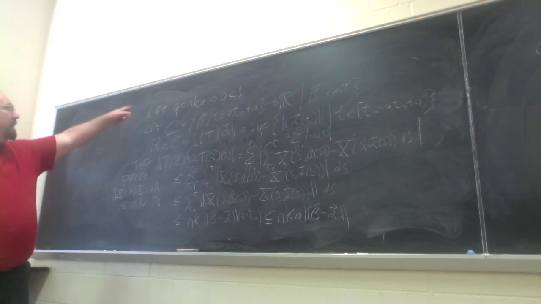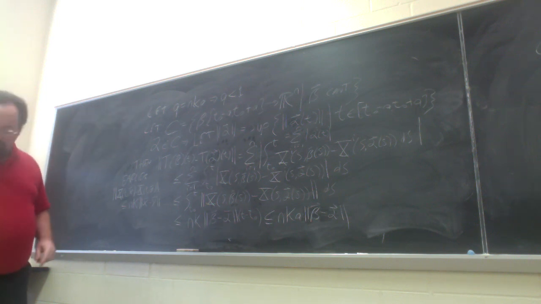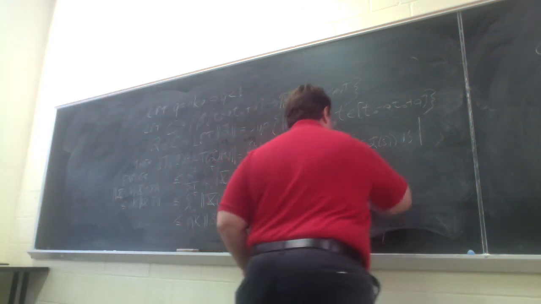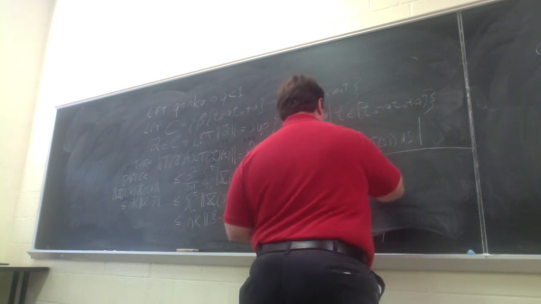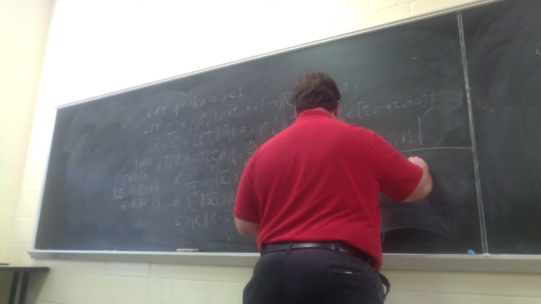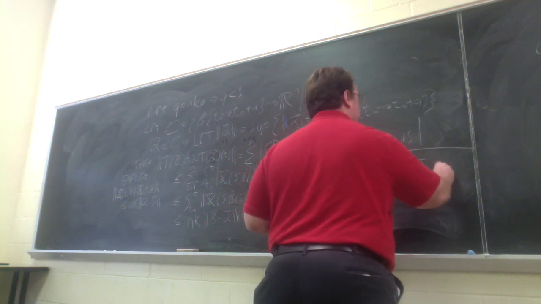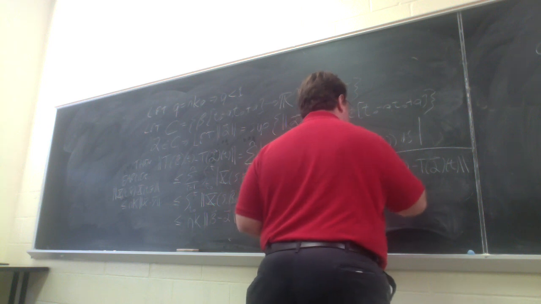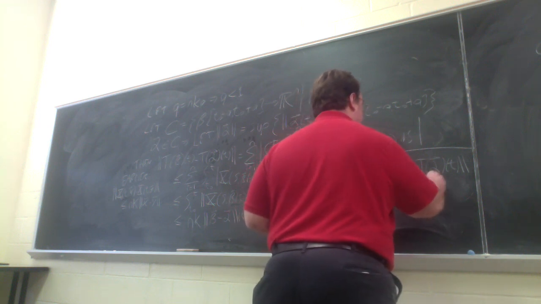Now I've defined nka to be q. So now what I can say is, I'll just write it in here. The norm of T of beta minus T of alpha is less than or equal to q times the norm of beta minus alpha.